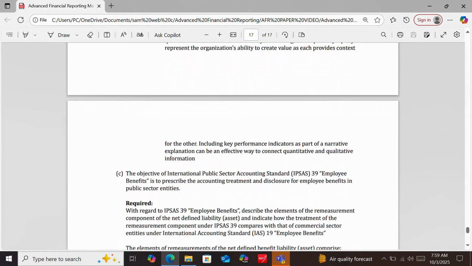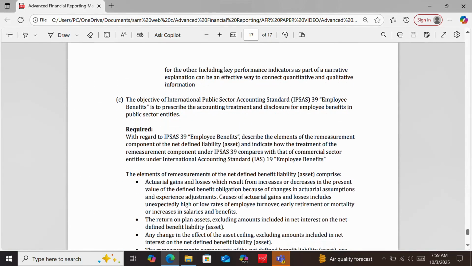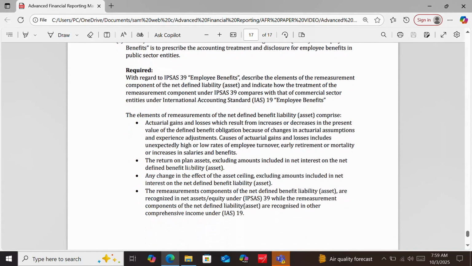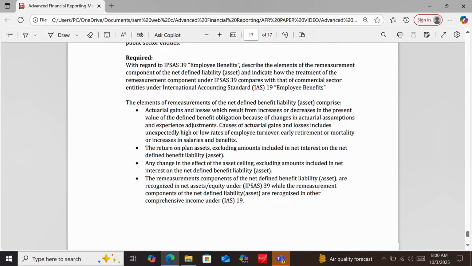And finally, we have Part C, required with regard to IPSAS 39 employee benefits, describe the elements of the remeasurement component of the net defined benefit liability (asset) and indicate how the treatment of the remeasurement component under IPSAS 39 compares with that of commercial sector entities under International Accounting Standard IAS 19 employee benefits.